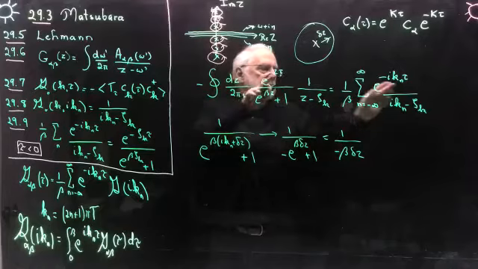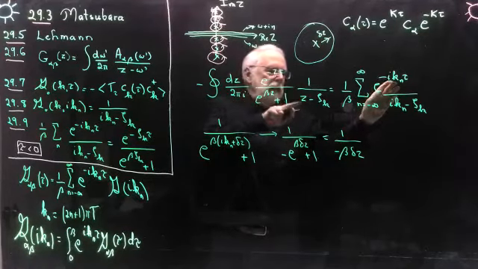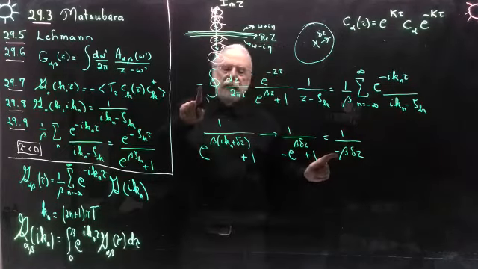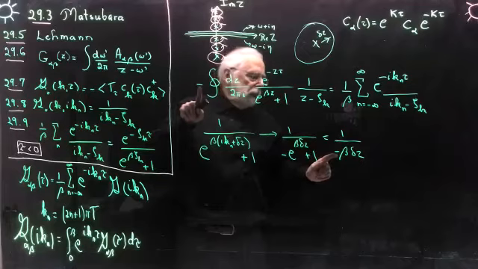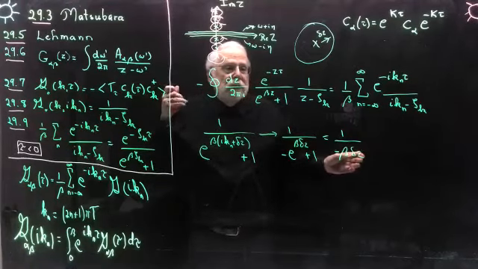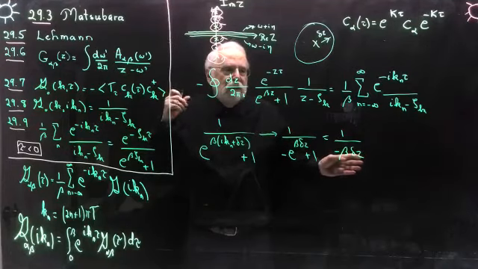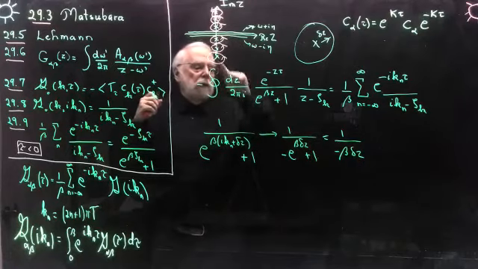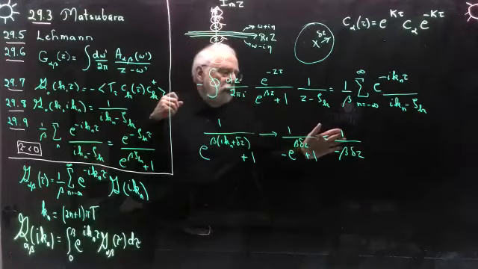I replace z by ikn here, and the residue is minus 1 over beta, because it's a simple pole. I'm using the residue theorem. This is in the trigonometric direction, so I get 2 pi i times the residue.